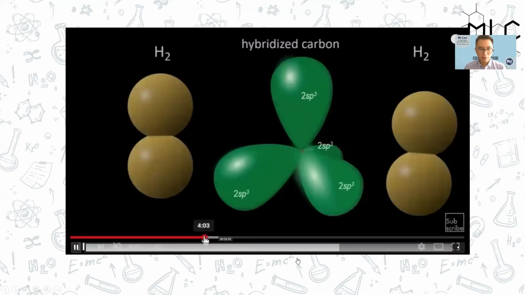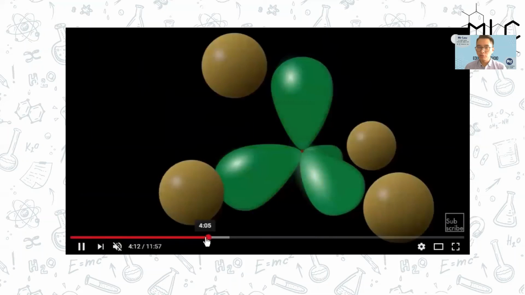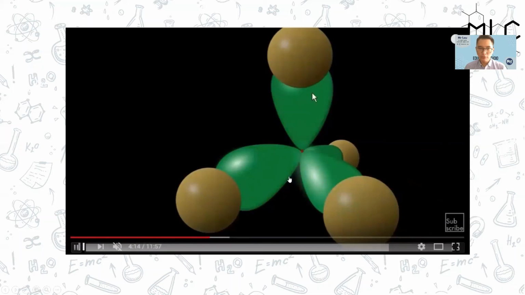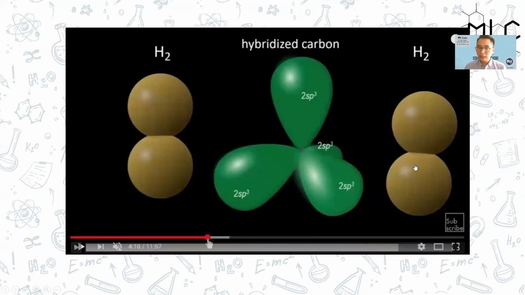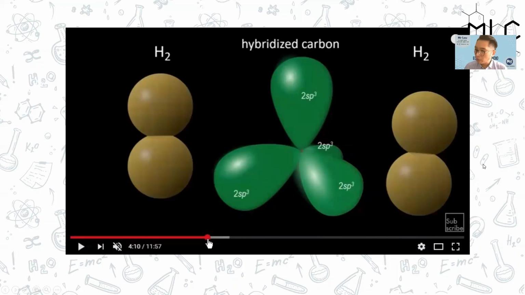This will be 109.5 degrees. Once you form your 4 equivalent hybrid orbitals, this is where your hydrogen comes in to do the head-on overlap to form your methane molecule. Each of these represents the sigma bond formed. So this is how sp3 hybrid orbitals are formed.